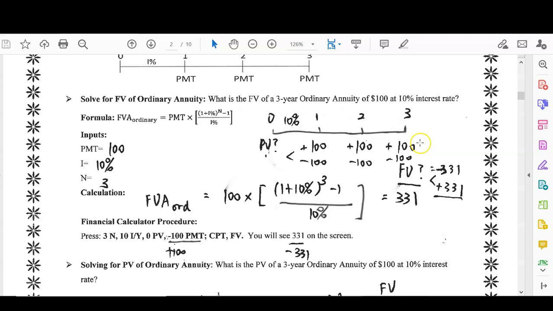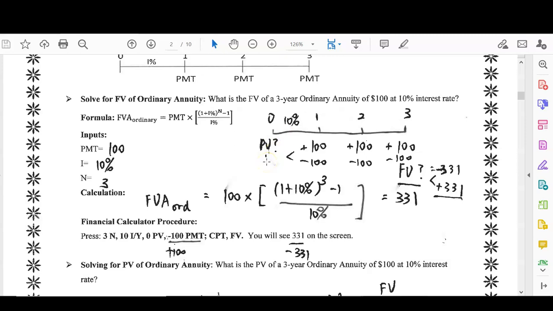Okay, it could be positive or negative depending on how you want to define these 3 100s. If it's positive, it means cash inflow. If it's negative, it means cash outflow. Okay, either is fine because this question doesn't specify whether it's income or expense here. Okay, and we also mark 10% interest rate above the first period on the timeline.